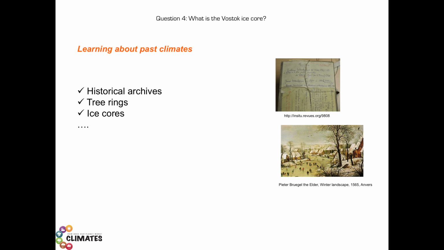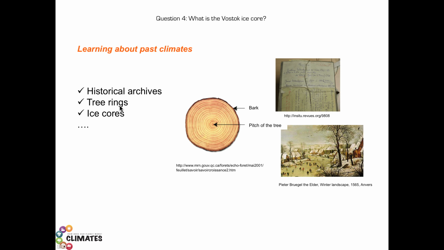Trees also enable scientists to identify annual climatic variations using tree rings. A tree grows by producing lighter tree rings during the active growth period and darker rings during autumn and winter.